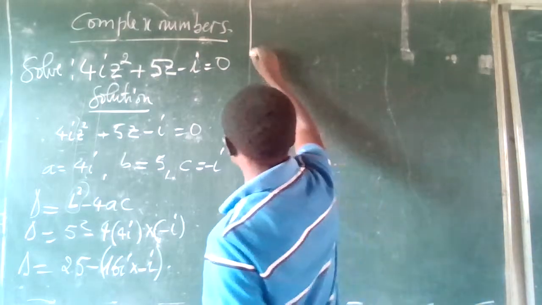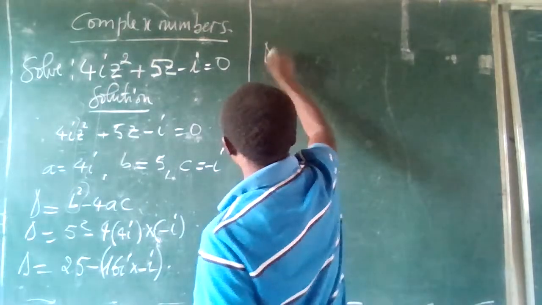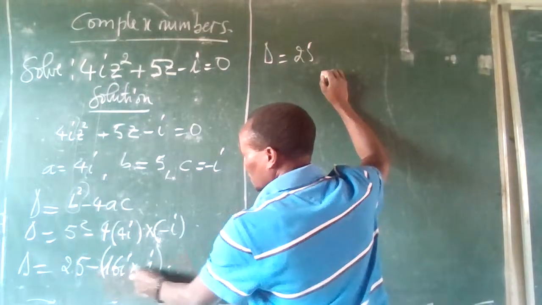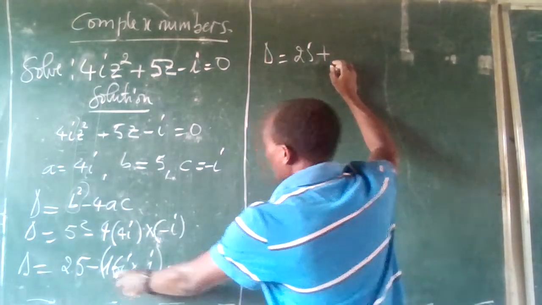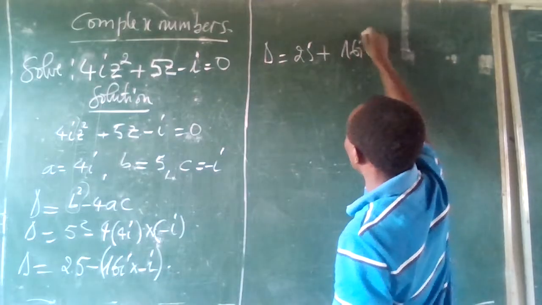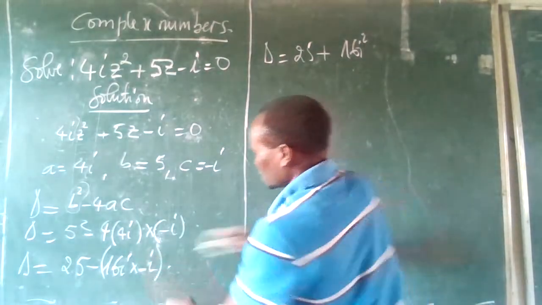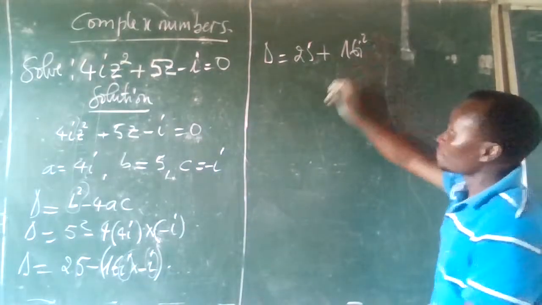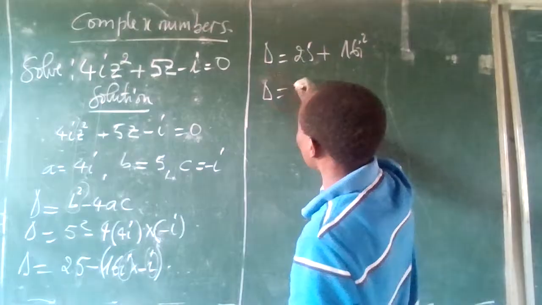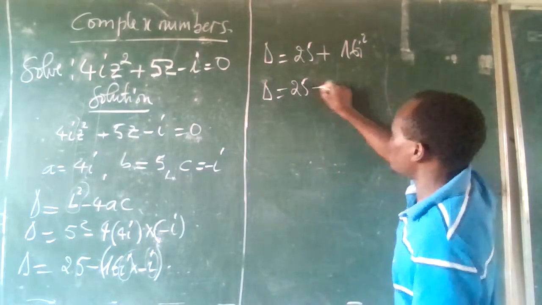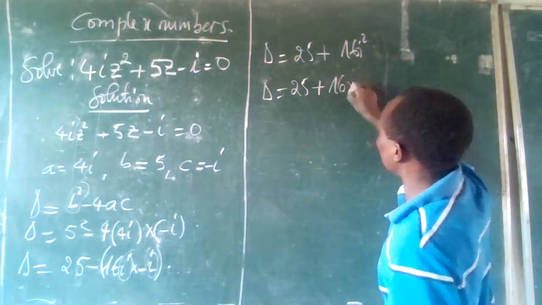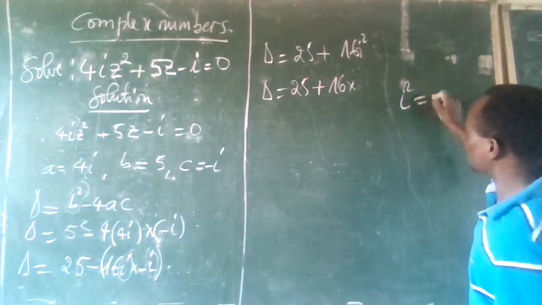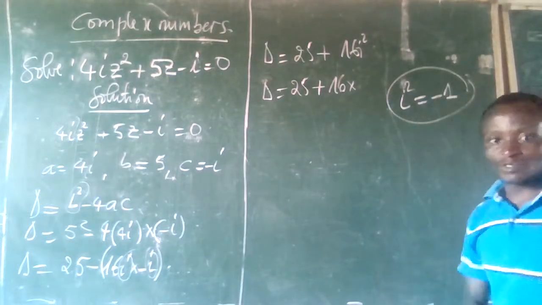Now the delta will be 25. Here we have minus times this minus will be plus 16 i square. This i times the remaining i here will be i square. Finally, delta will be 25 plus 16 times i square, which is equal to minus 1, as I told you.